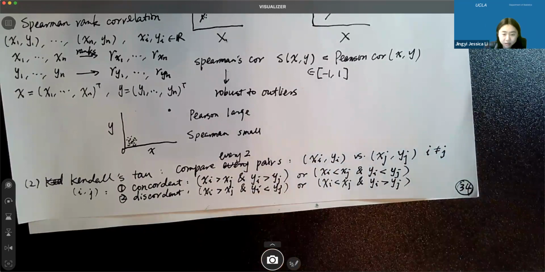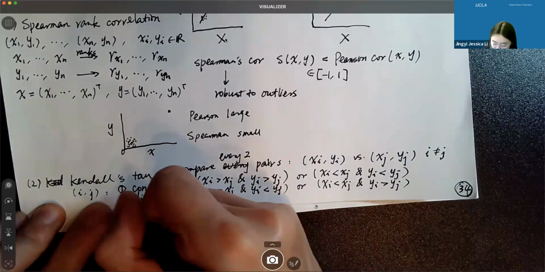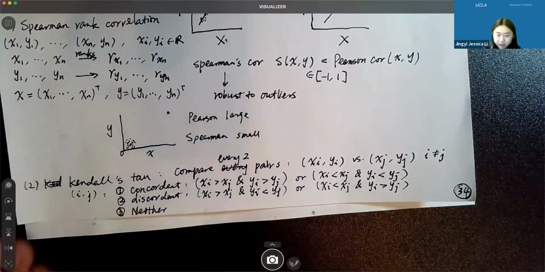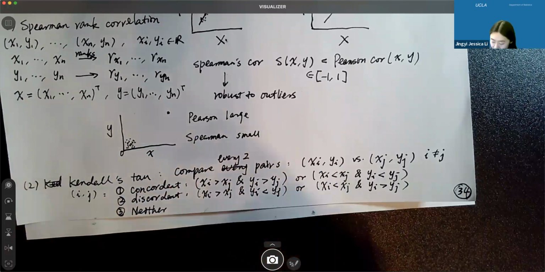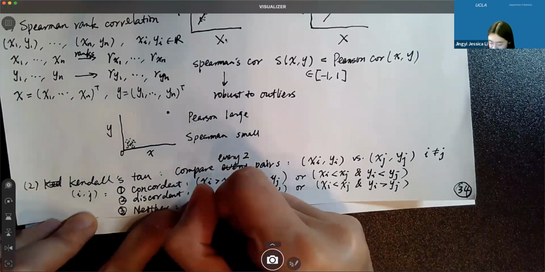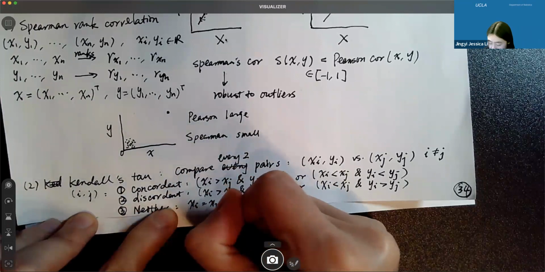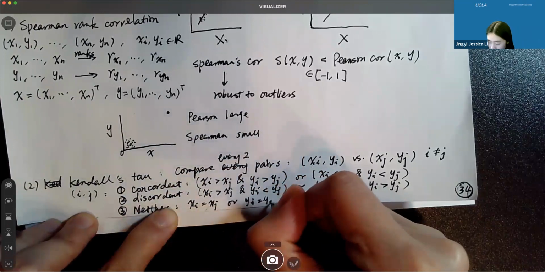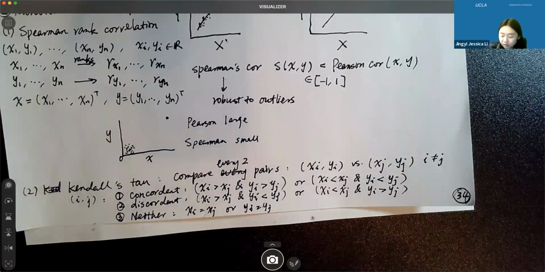Finally, when we say it's neither discordant nor concordant, this happens when xi equals xj or yi equals yj. When you have a tie, then you don't call this ij pair concordant or discordant.